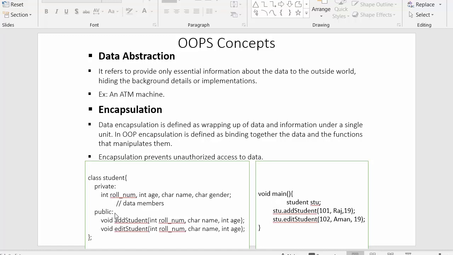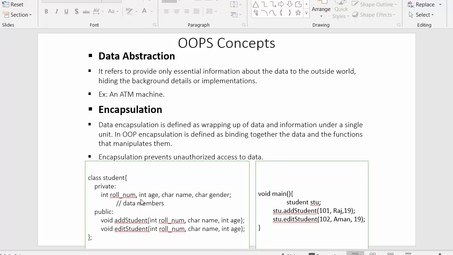Now as you can see here, inside this class, the data on which I'm going to operate and the functions with the help of which I'm going to operate on this data are both placed inside a single place. Both the data and member functions are wrapped up, which is defined as wrapping up of data and information. This is my information, also called member functions, and this is the data.